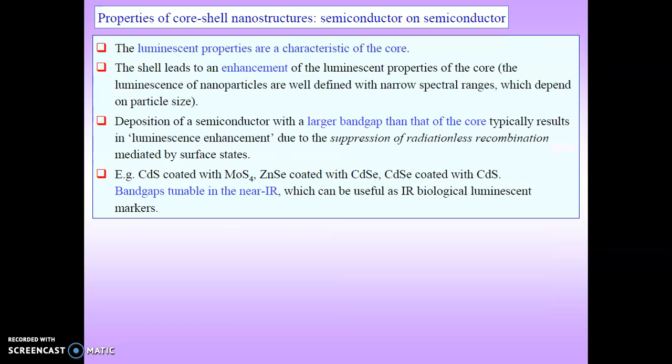Then the properties of core-shell nanostructure semiconductors. The luminescent properties are the characteristics of the core. The shell leads to an enhancement of the luminescent properties of the core. Luminescence of particles is well defined with narrow spectral ranges, which depend on the particle size. Deposition of a semiconductor with a larger band gap than that of the core typically results in luminescence enhanced due to the suppression of radiationless recombination mediated by the surface states.